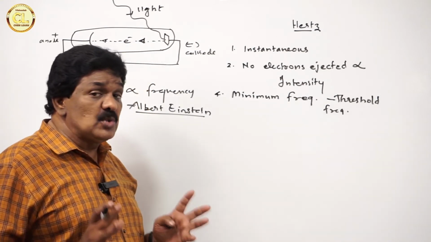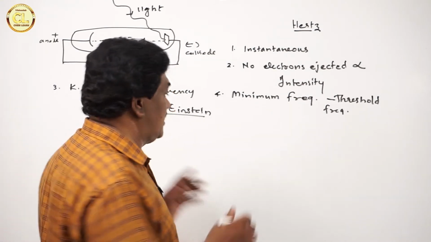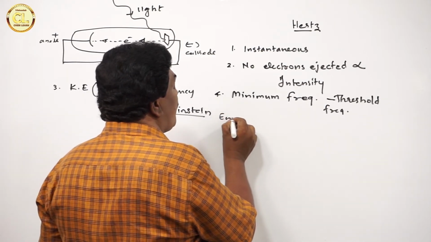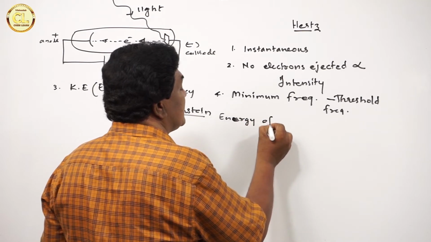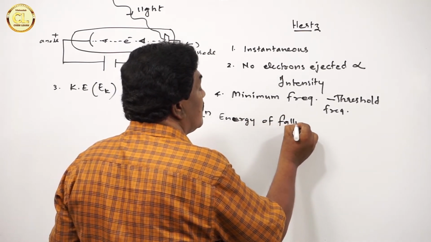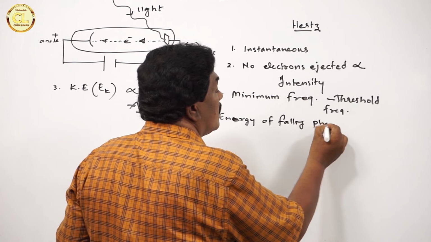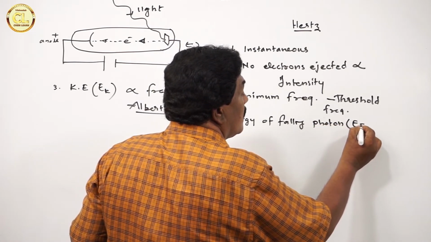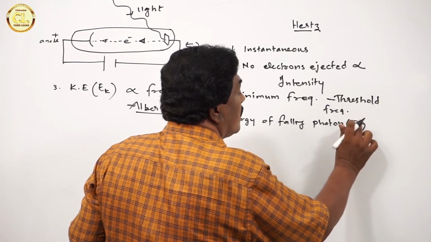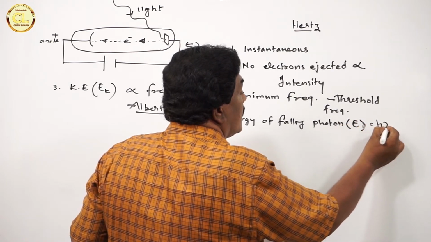Each photon is associated with a quantum of energy. So, the energy of falling photon is expressed as h nu.